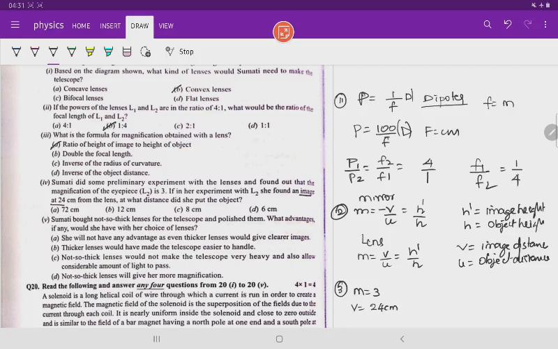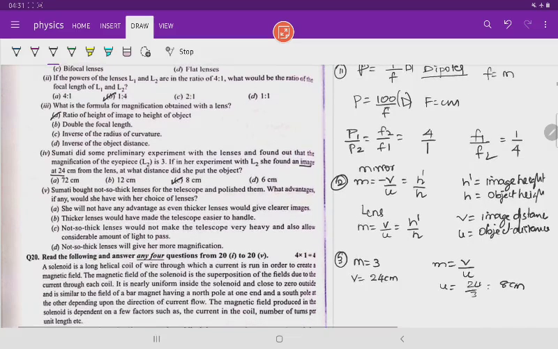At what distance did she put the object? So she did some experiment, image was found at 24 centimeters. So we know that magnification is V by U. They're asking us to find U. U is equal to 24 by 3, which turns out to be 8 centimeters. So the object is kept at 8 centimeters to give an image at 24 centimeters. Hope you have understood this question.